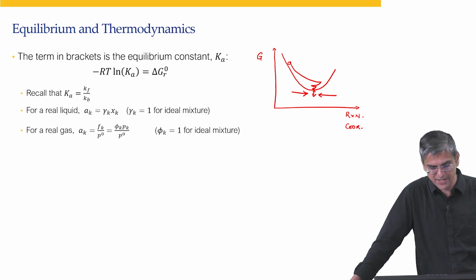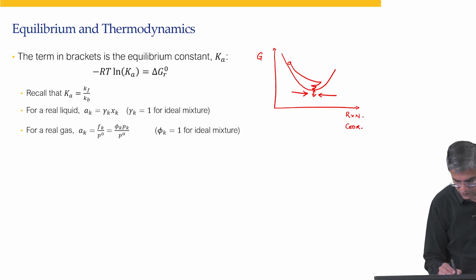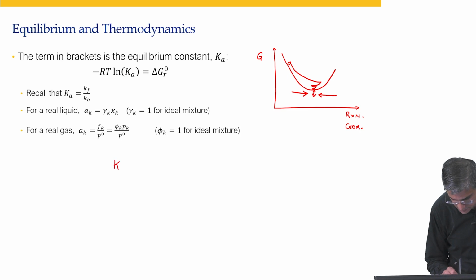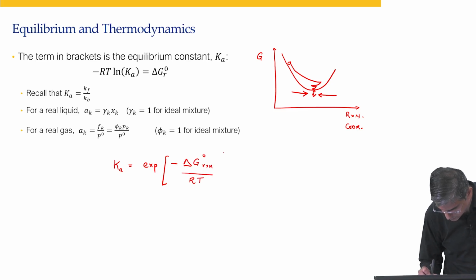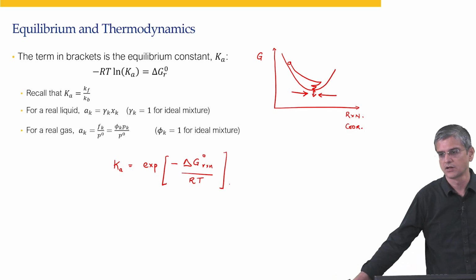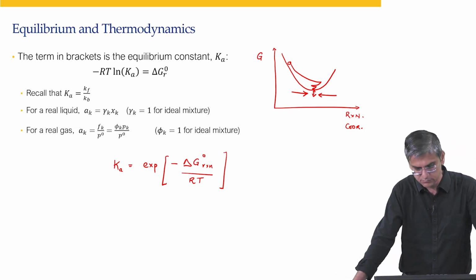So if we rewrite this, we will get Ka equal to exp of the negative standard free energy change over RT, and that is where this comes from.